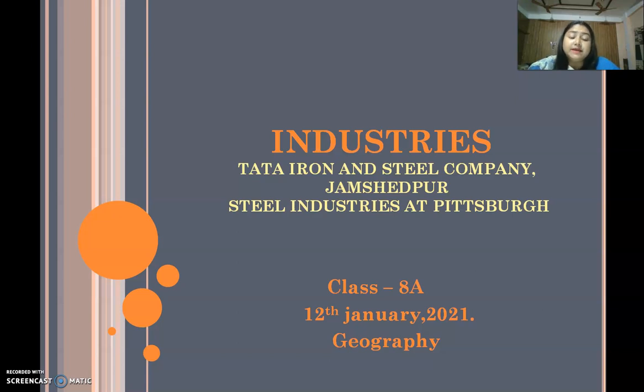Alloy means a metal made by combining two or more metallic elements, especially to give it greater strength or resistance to corrosion. The steel and iron industry, as I told you already, is called the backbone of modern industry, and almost everything that we use in our day-to-day life, from a small safety pin to a big car, needs iron and steel.